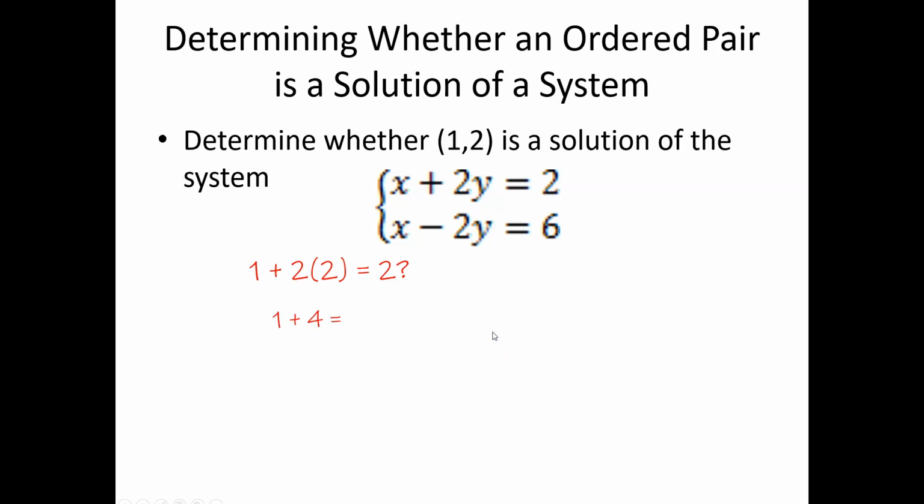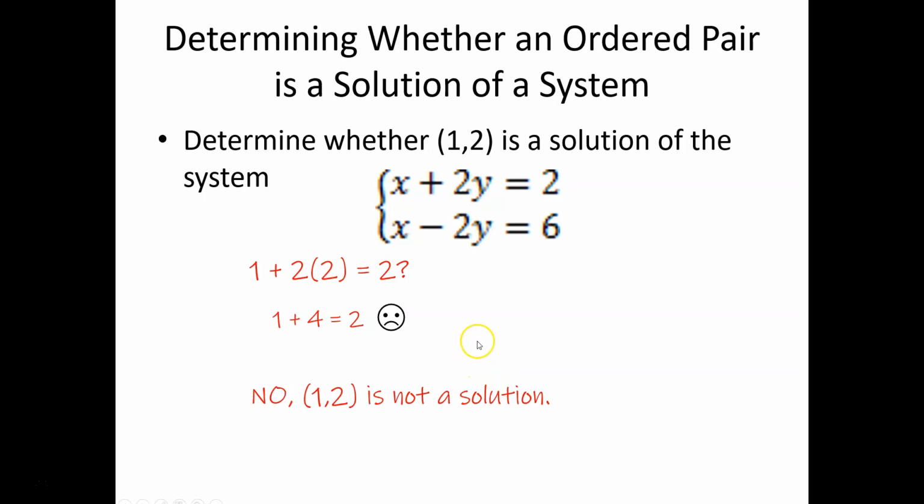Well, 1 plus 4, does that equal 2? No, it doesn't. So no, this is not a solution to the system. We don't have to try the second one because we already know it doesn't work for the first equation. So no, 1, 2 is not a solution.